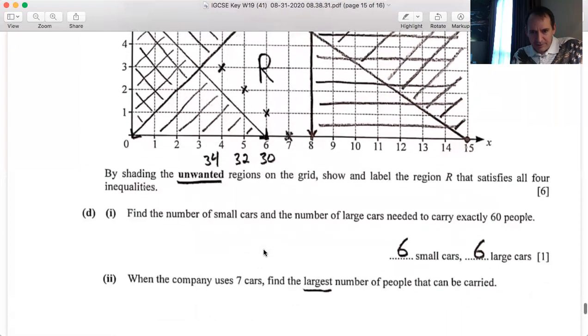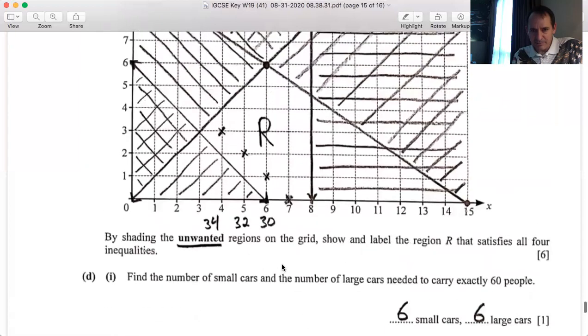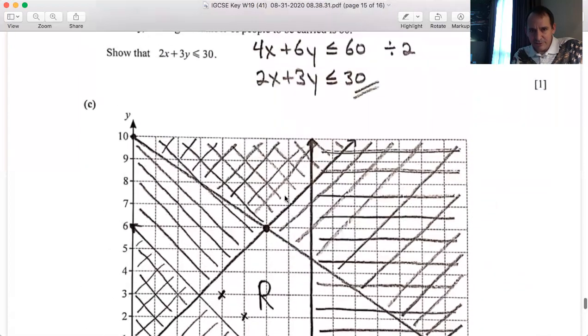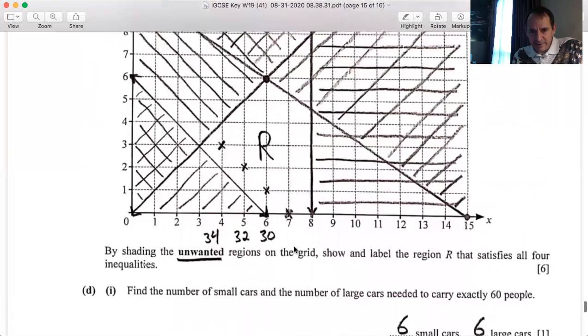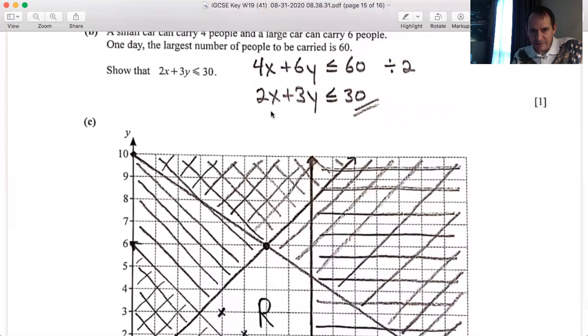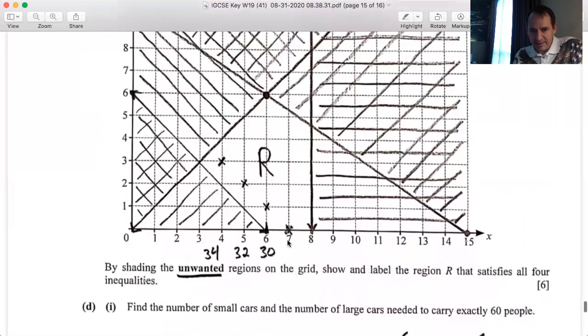And you want to find the largest number of people. So if you had 7, this is your x, 7 times 4 people is 28. If you calculate the 6 and 1, you get 30. If you calculate the 5 and 2, you get 32.